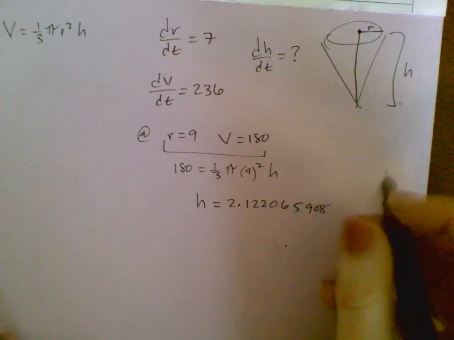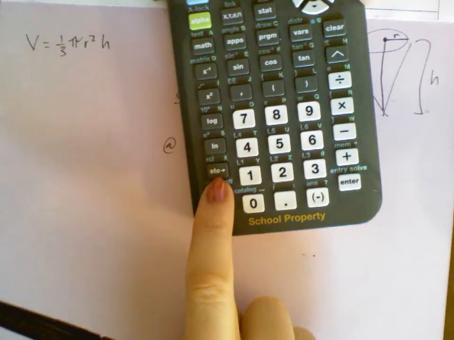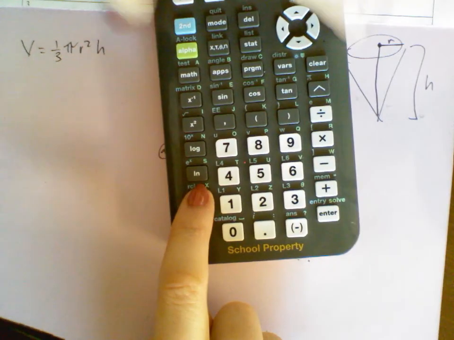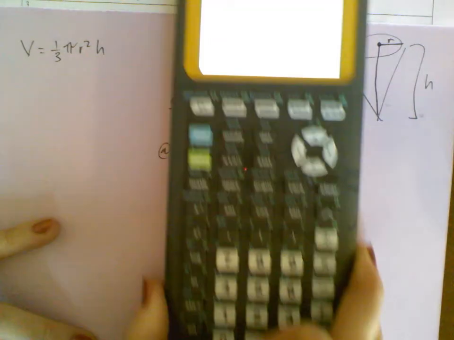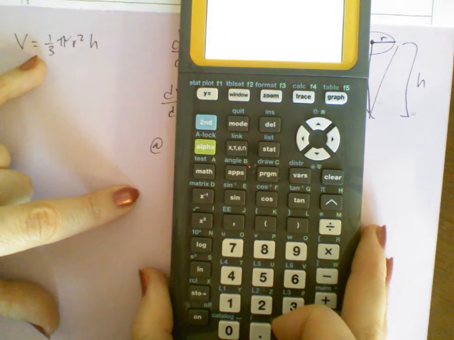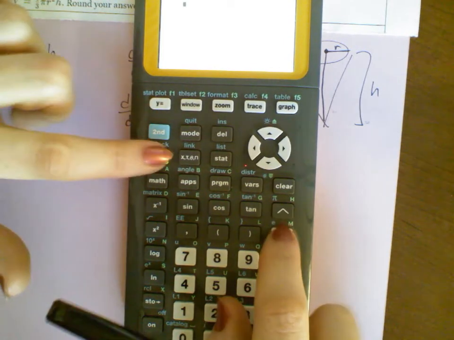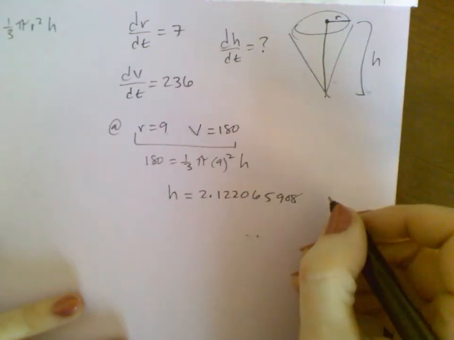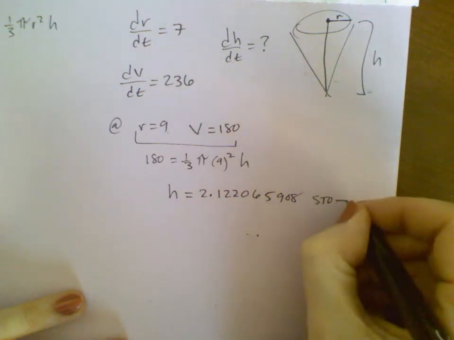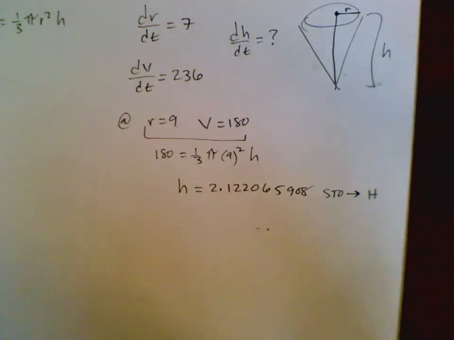Actually, that's an irrational number. So I'm going to store this. The store button is right there. Then I'm going to choose some letter, I could even choose H. So I hit store, then alpha, then H, and enter. So now this is stored as H in my calculator, so I can use it later.